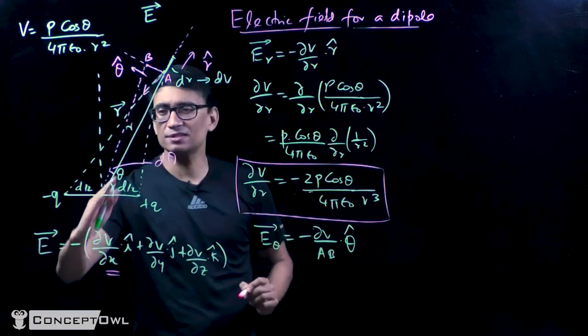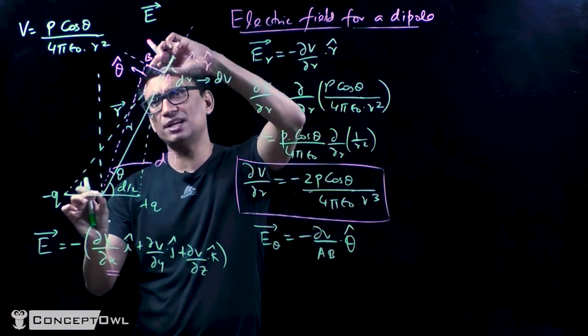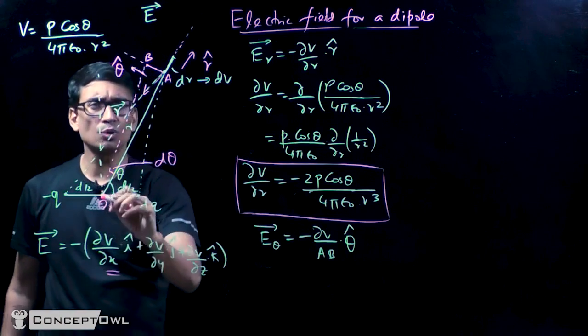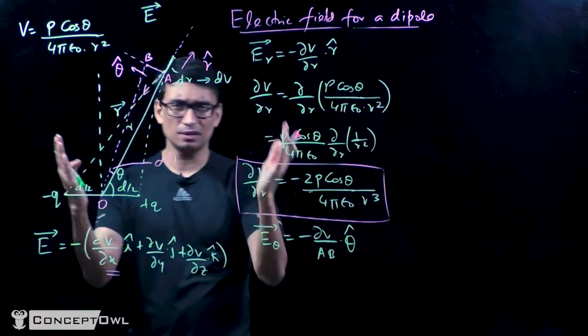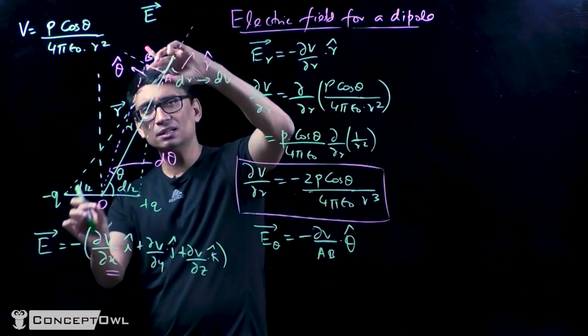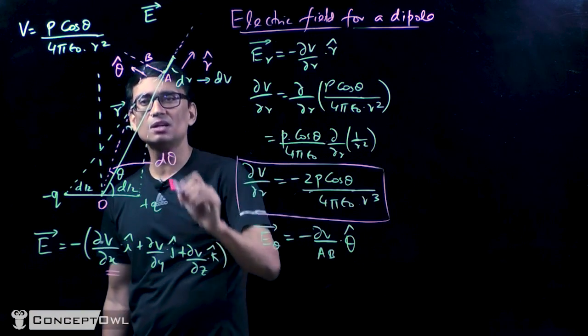This distance is r. And because this is very large, I call this side O. So OA and OB would be approximately equal. Now if this is d theta, what will this length AB be? So this is r.